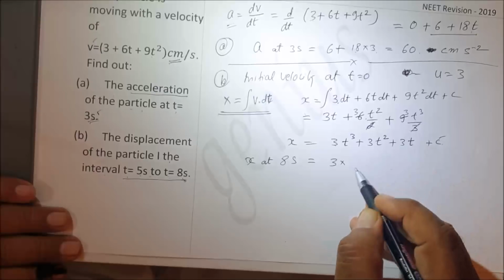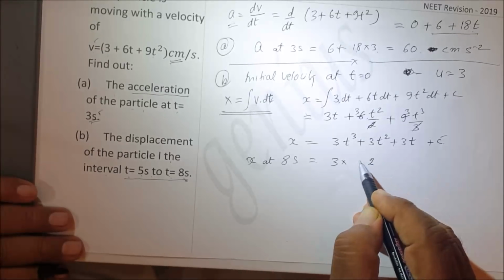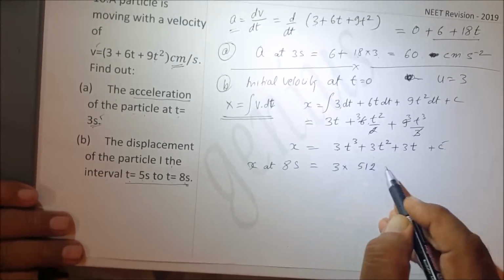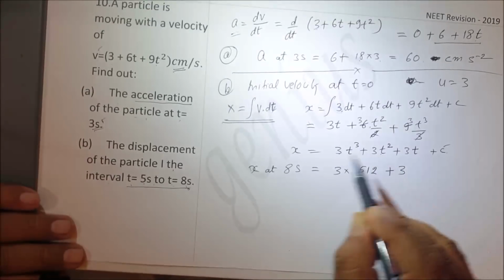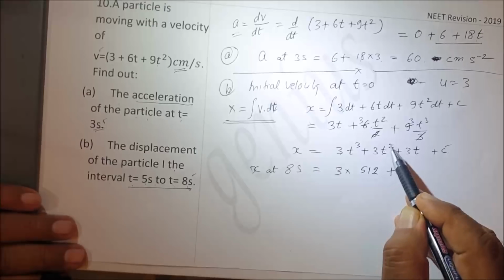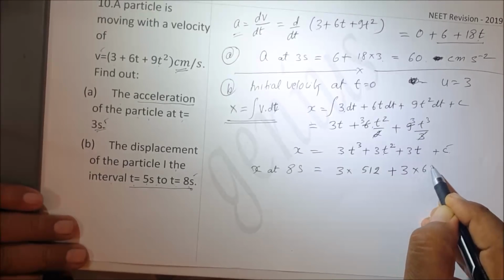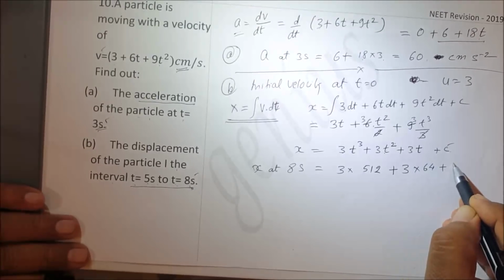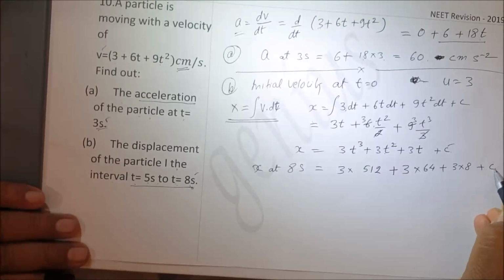That is 8 8s are 64 and 8 4s are 32, that is 512, plus 3 into t square, 8 8s are 64, 64 into 3, plus 3t, plus c.